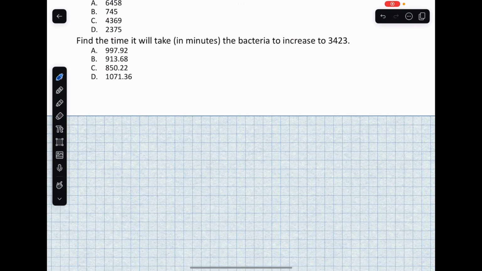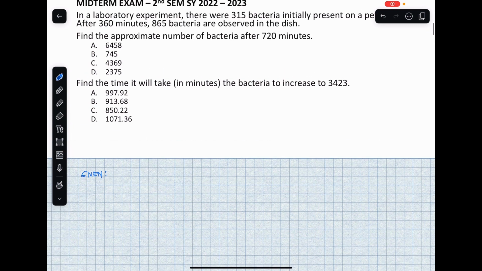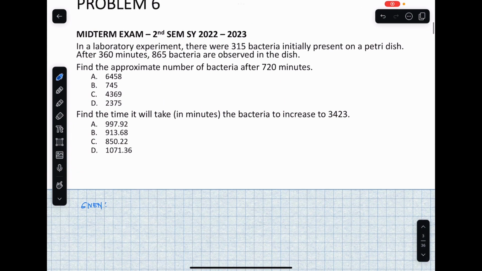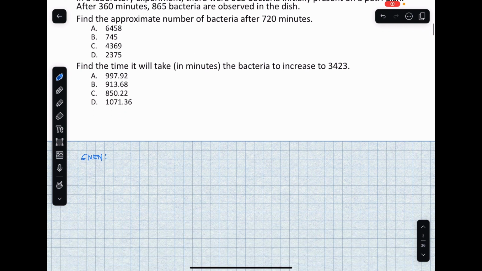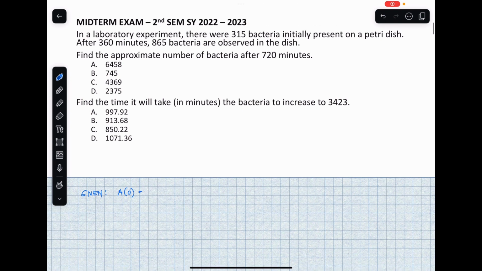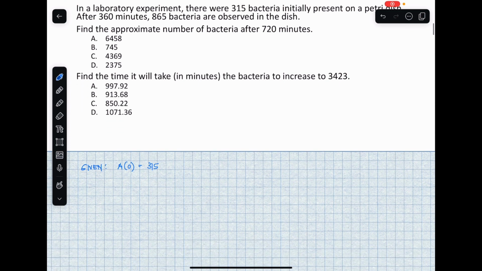For our given, we start with 315. Initially, when time equals 0, there are 315 bacteria. And then after 360 minutes, it increases to 865.